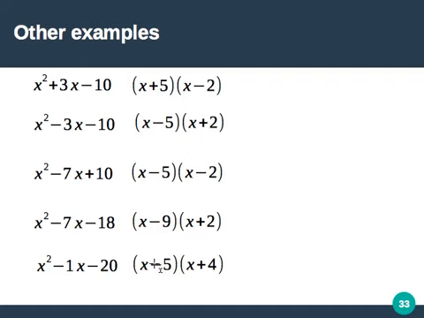The sign has to go on the bigger number because we have a negative here. The same happened with 9 and 2, where the sign goes to the bigger number, which in this case is 9. And over here it's going to be -5, because when you put -5 and +4 together, it's going to be -1. And when you multiply these two numbers, it gives you -20.